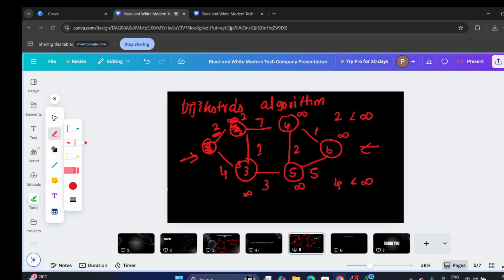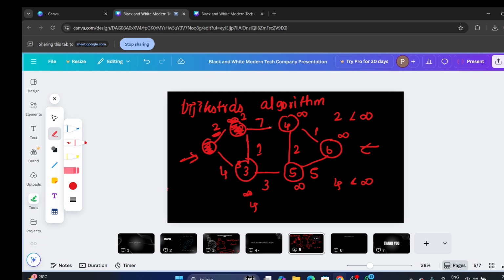So you will update this infinity to 4. Now for the second vertex and this third vertex, you are having this 2 distance and 4 distance. So among 2 and 4, which is the smallest one? Your 2. So you will take this 2.